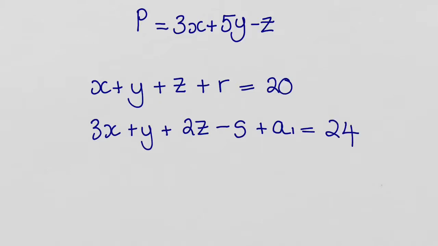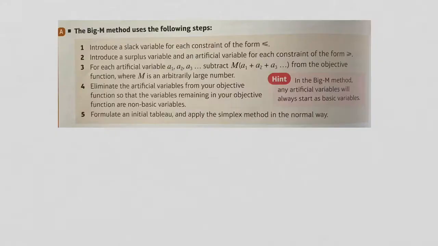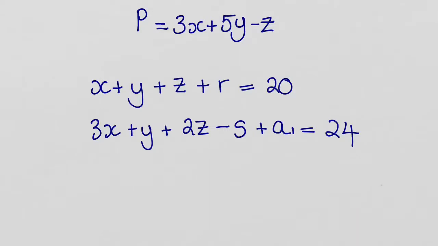Now, how I have to change the objective function here, back here, we talked about subtracting this from the objective function. I've only got one A here, so I don't have to add A1, A2, etc. But I do need to do this stage where I'm subtracting M lots of A1.